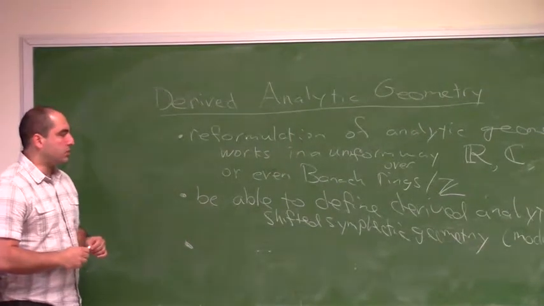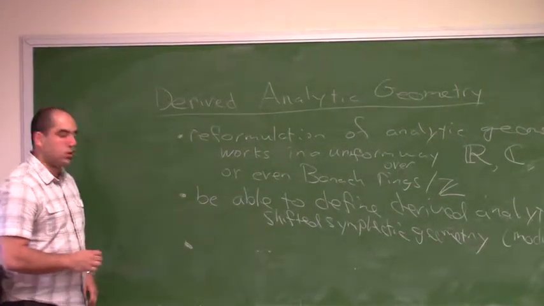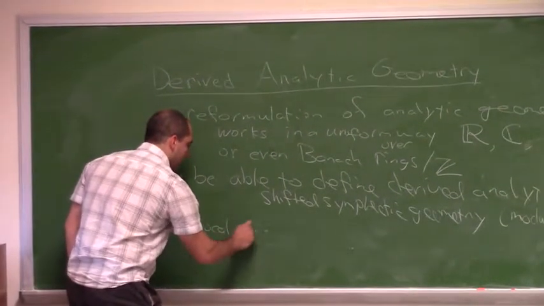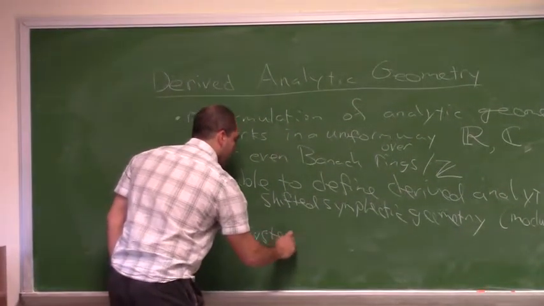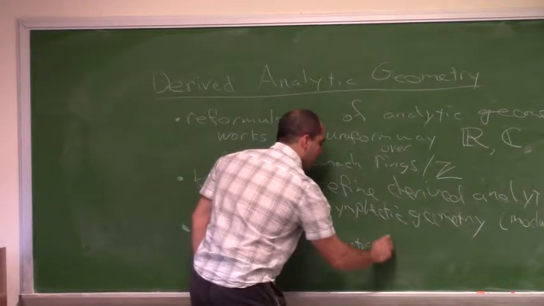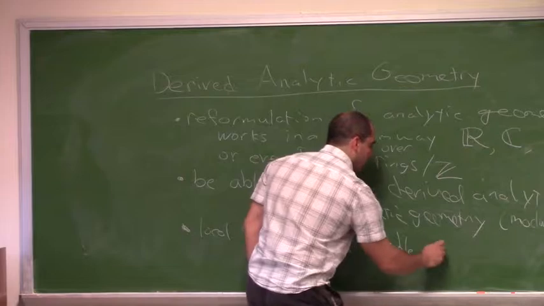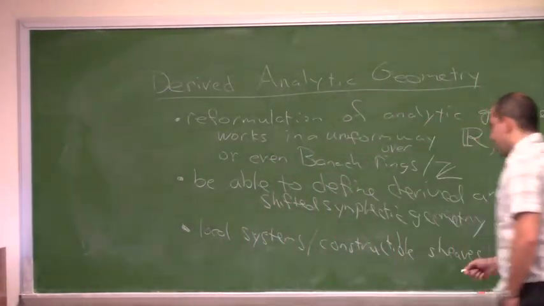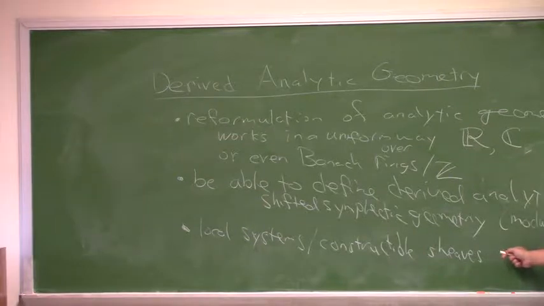The constructible sense, so local systems and constructible sheets. There's some work in progress here on this and the relationship, especially to infinite order differential equations, which is something that's really an analytic thing.